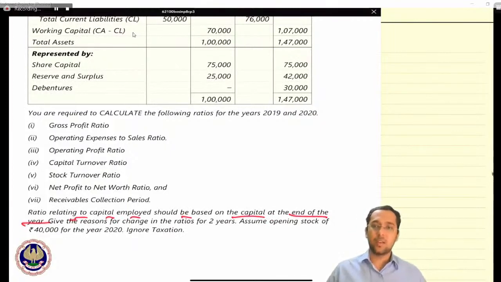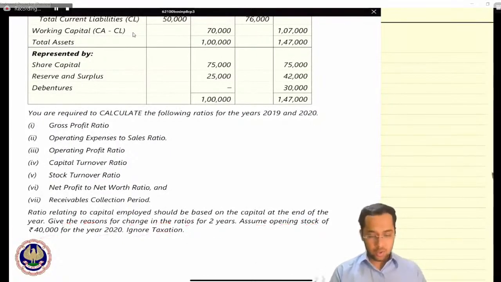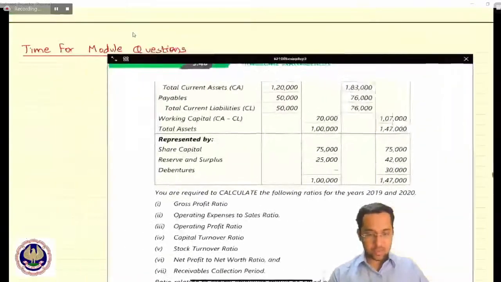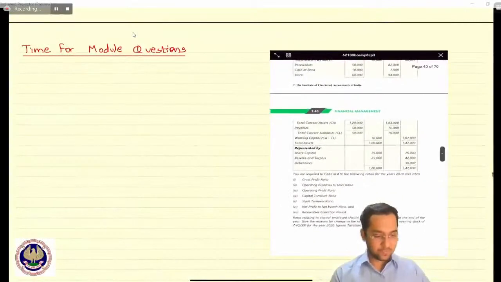The question is clearly stating that portion. Then we have given the reasons for change in the ratios for 2 years. Assume opening stock of 40,000 for the year 2020 and ignore the taxation portion. So from these figures that we have got, we have to compute certain ratios.